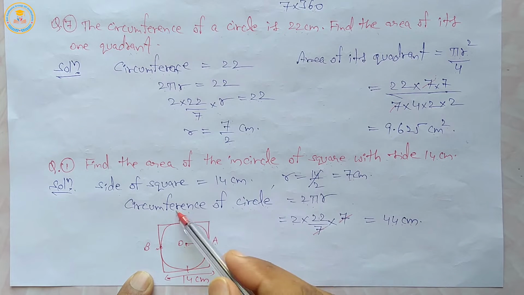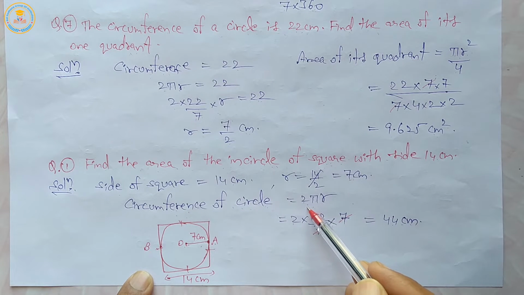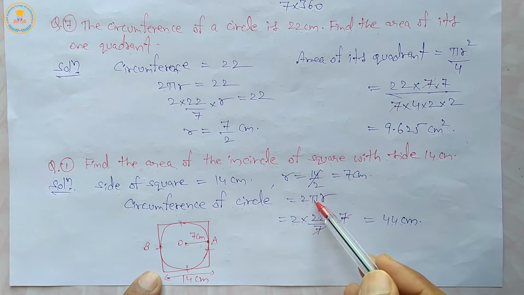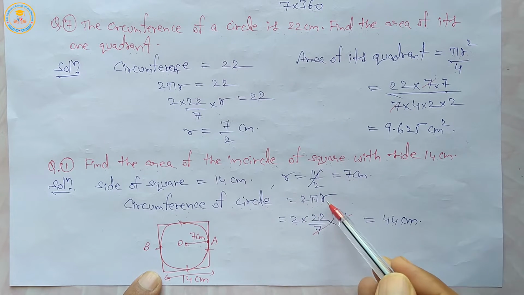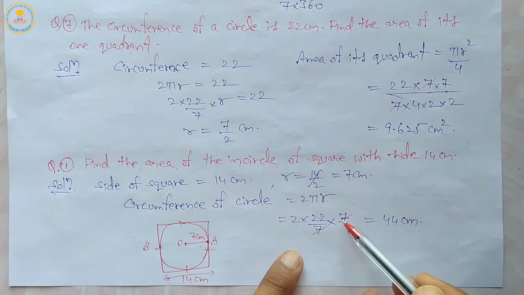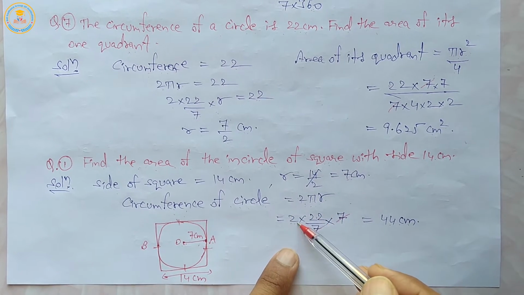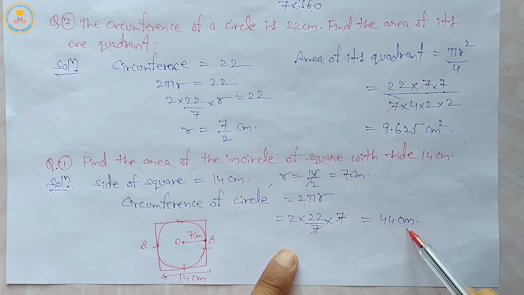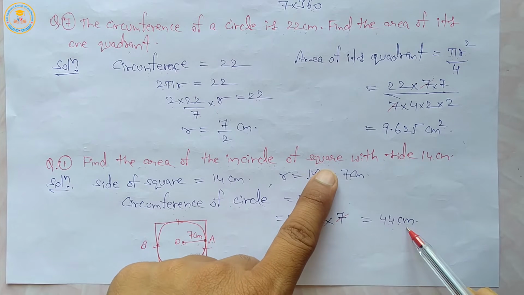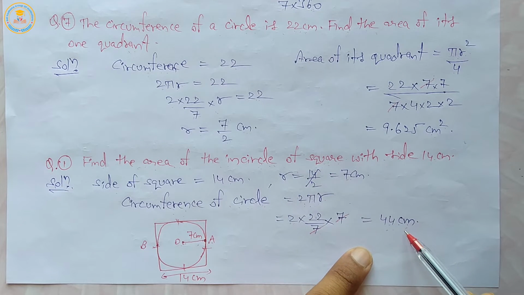Then we use circumference of circle, which is 2 pi r. Pi equals 22 upon 7, r is 7 centimeter. So 7 cancels out, 22 multiply by 2, 44 centimeter. Therefore the area of the incircle of the square is 44 centimeter. Okay.